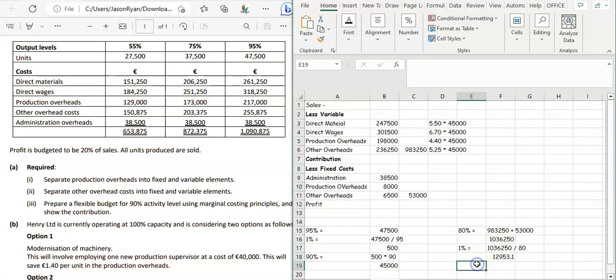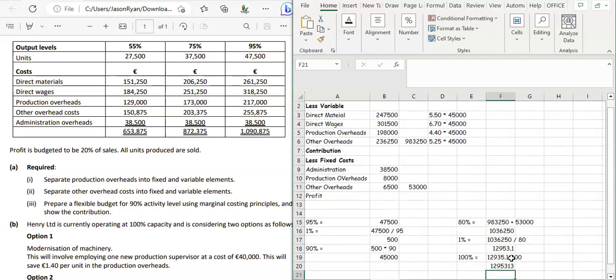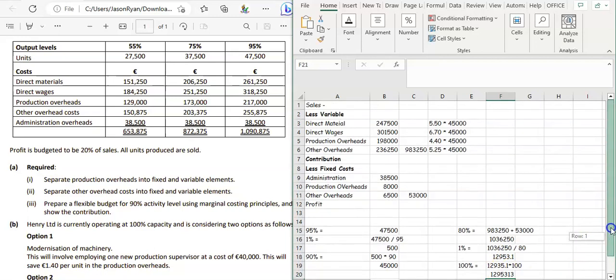So then 100%, which is your sales figure, is equal to that multiplied by 100. So that's your sales figure, and you can put that in for your sales up here.